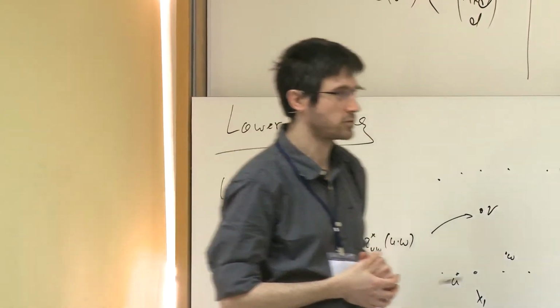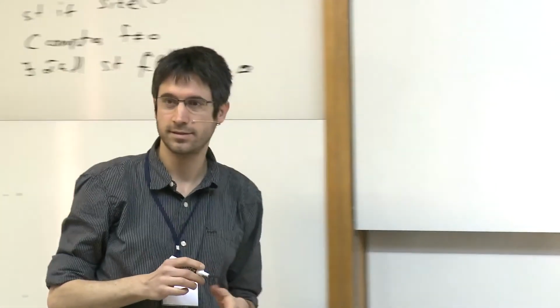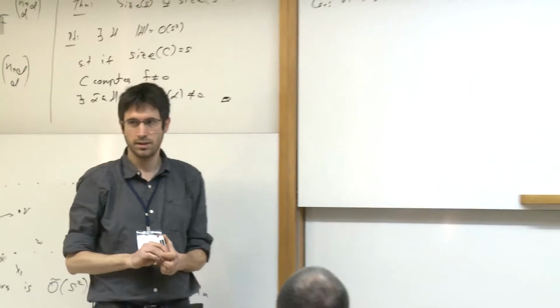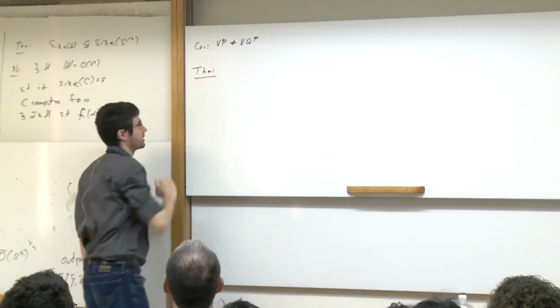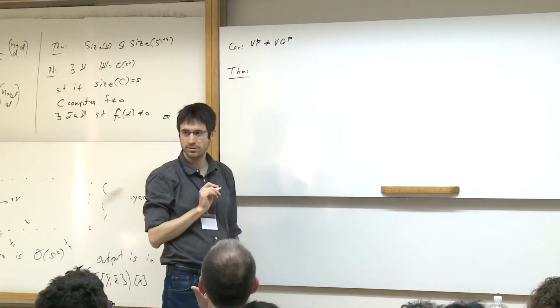Okay, so that was a counting argument. What I want to show next is a concrete lower bound that we have, a superlinear lower bound. Let me just state the theorem. I think Ramprasad mentioned it yesterday: the theorem is of Baur and Strassen.